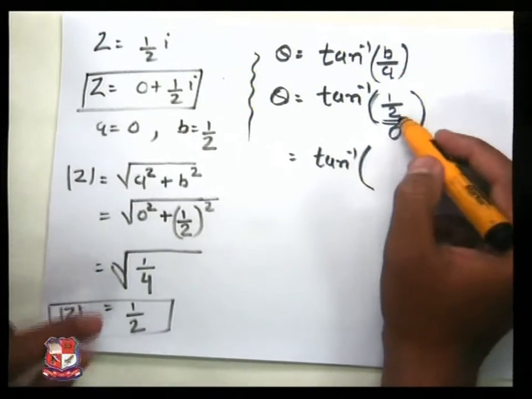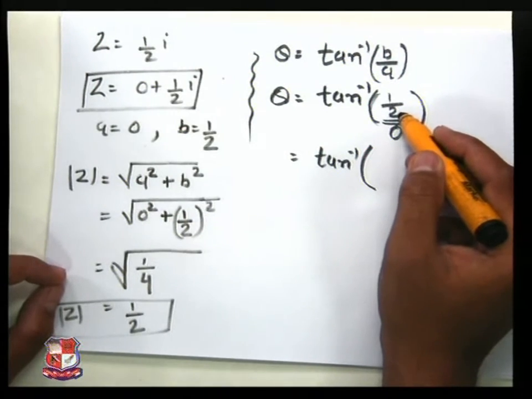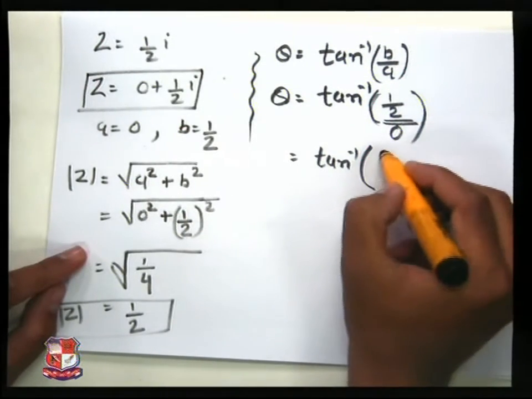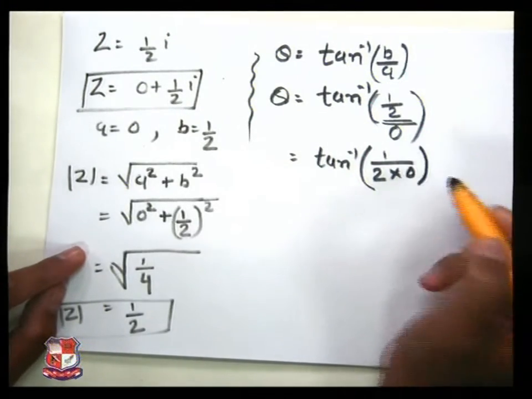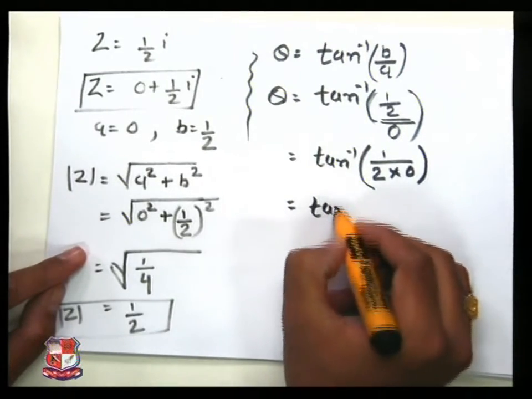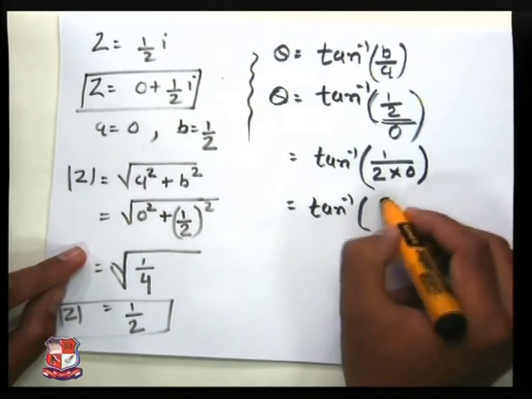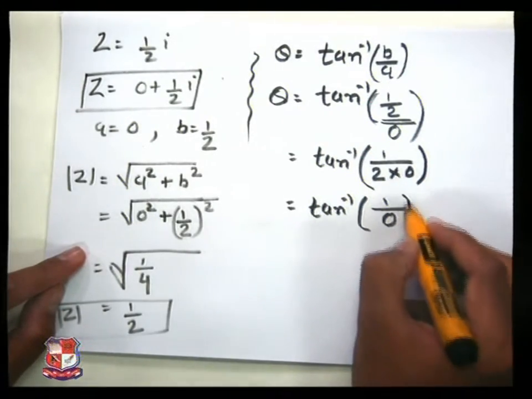We want to simplify: the numerator goes to the denominator side. So again we simplify, 1 by 2 multiplied by 0 is equal to tan inverse 1, and any value multiplied by 0 is 0.